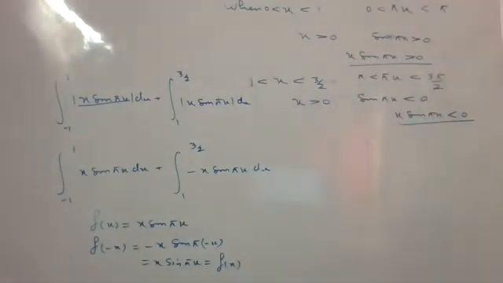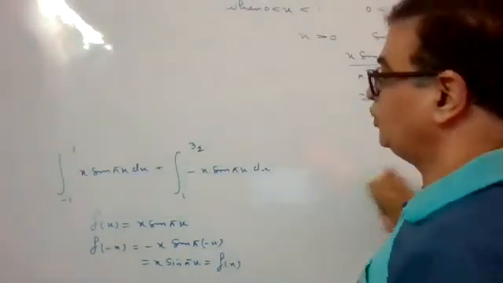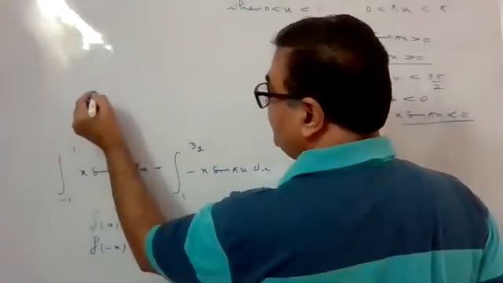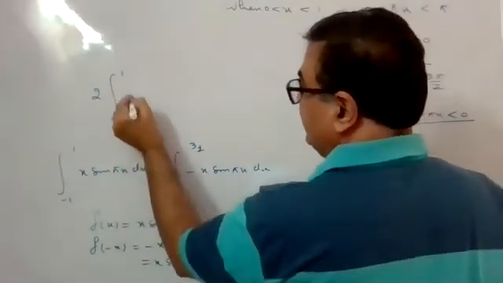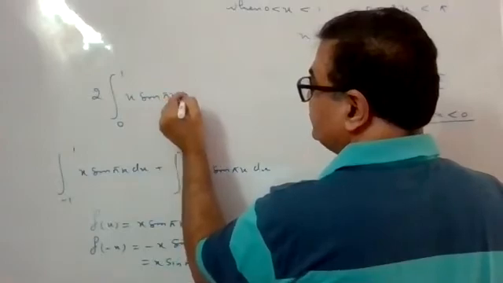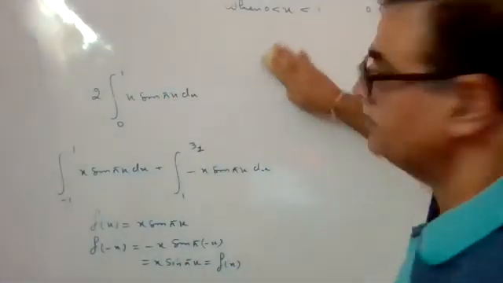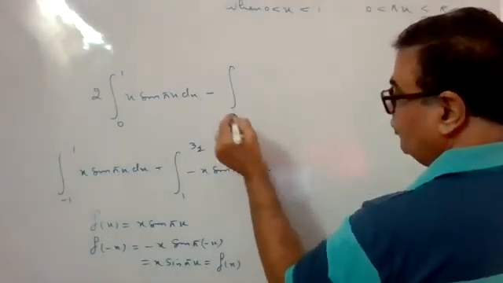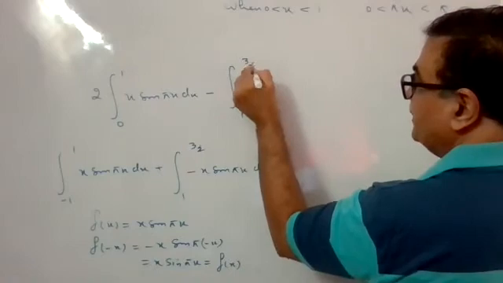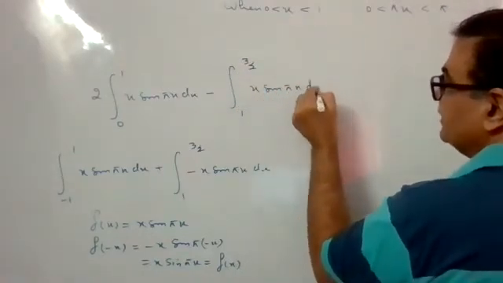That means the first part will become 0 to 1 twice, this property we have already done, twice 0 to 1, x sine pi x dx. And then the second part, minus is here, this will go from 1 to 3/2, x sine pi x dx.